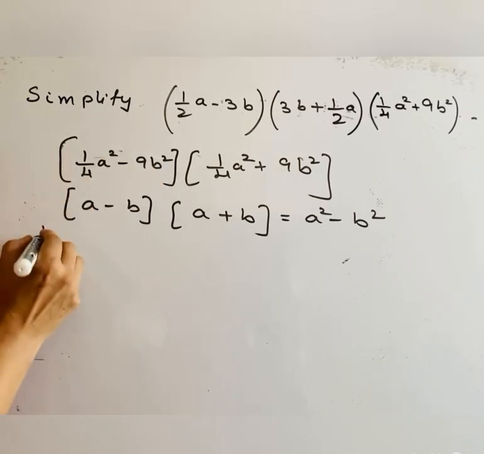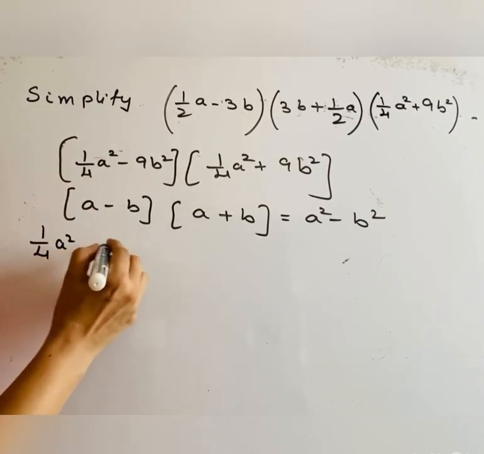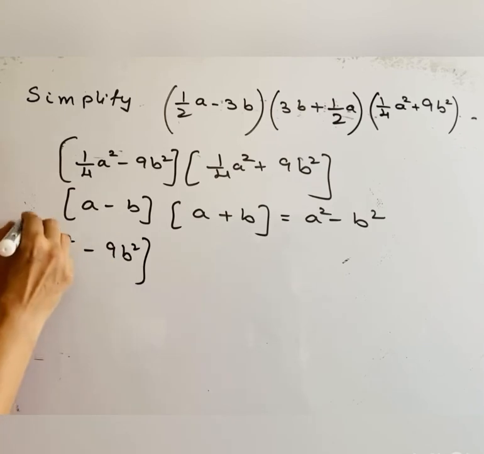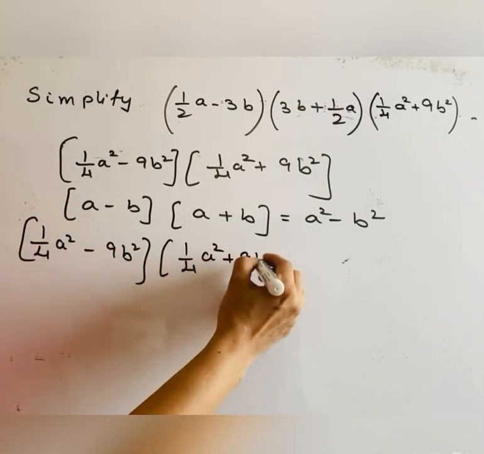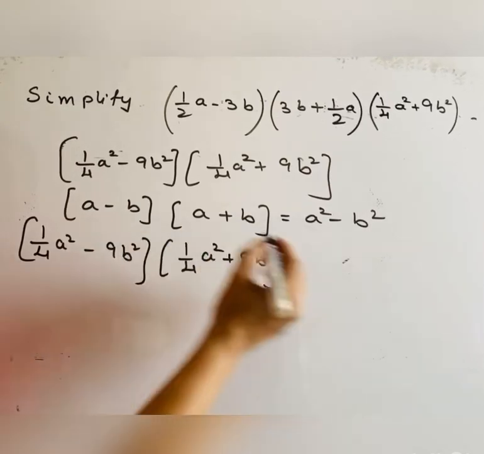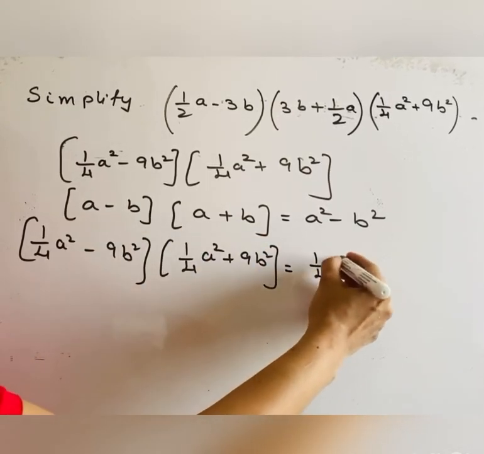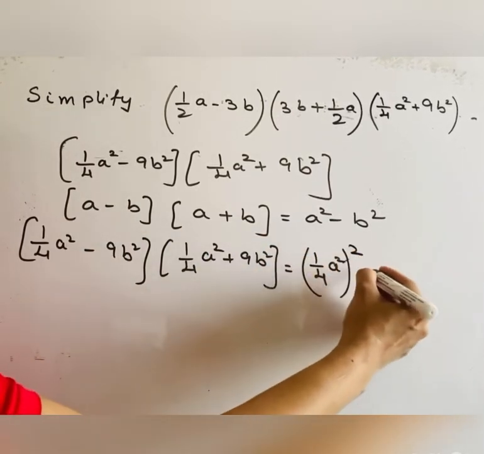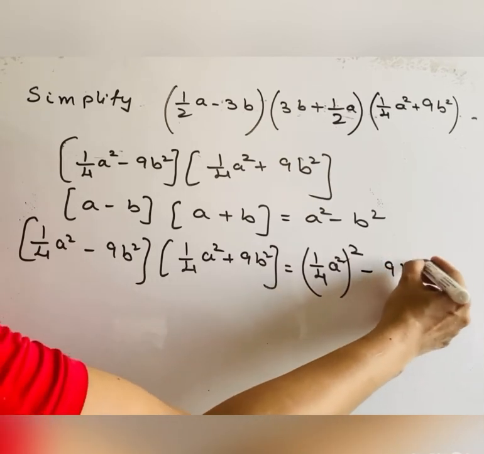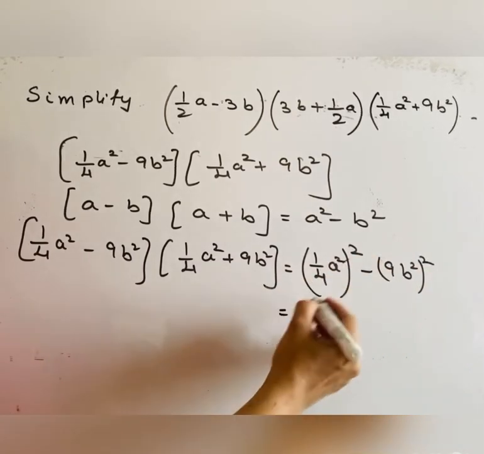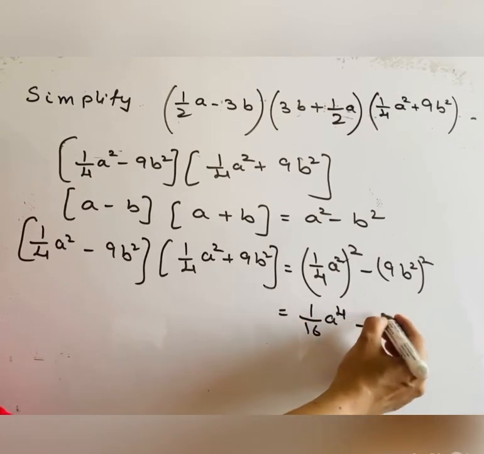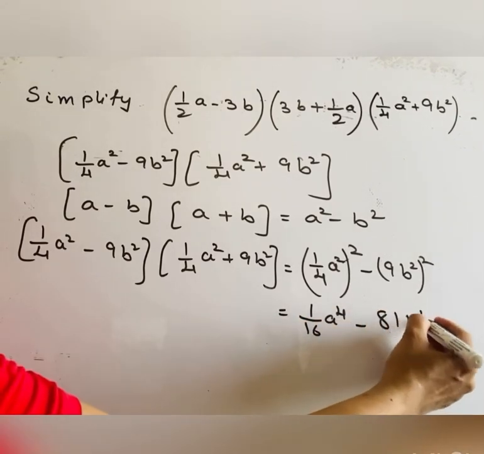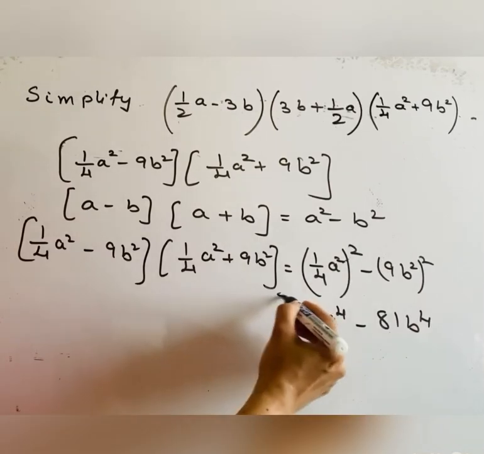So this whole thing, that is (1/4 a² - 9b²) in a bracket and (1/4 a² + 9b²) in another bracket, will become (1/4 a²)² - (9b²)², which is equal to 1/16 a⁴ - 81b⁴. That is your final answer.